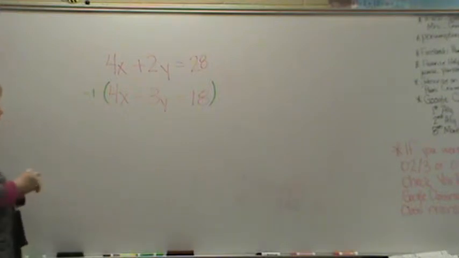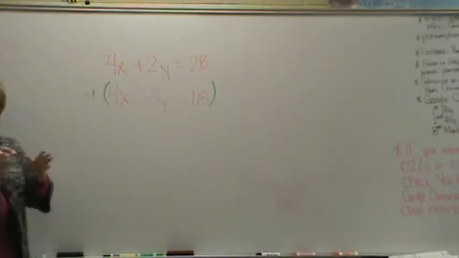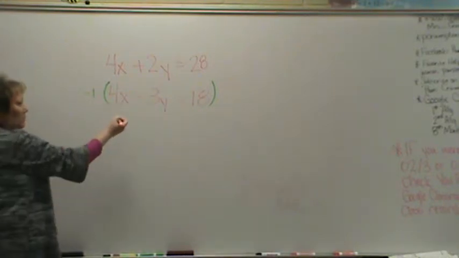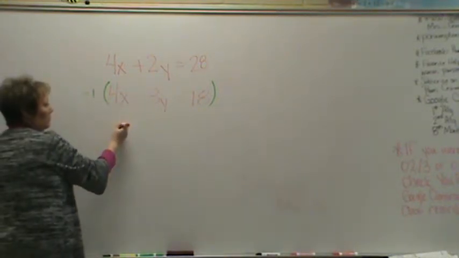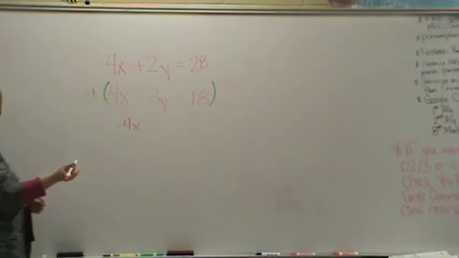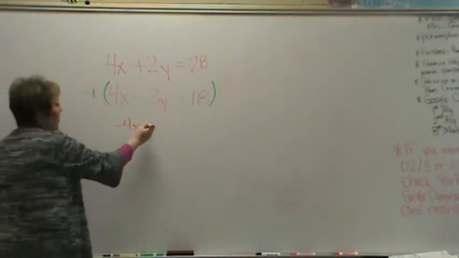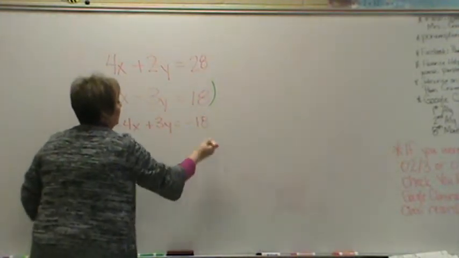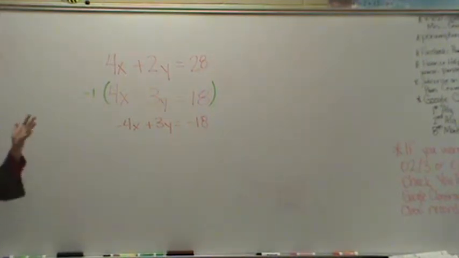Okay, so help me out with the multiplication. Distributive property to everything. Negative 4x, negative 3y equals negative 18. Looking good so far. Now I've got a pair of exact opposites.